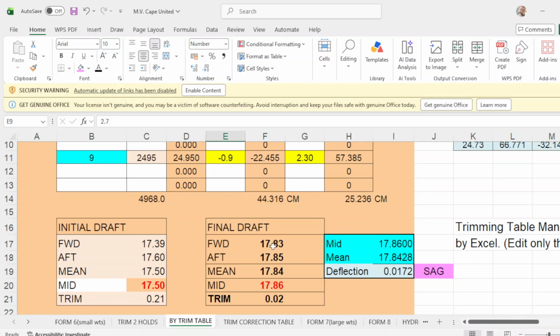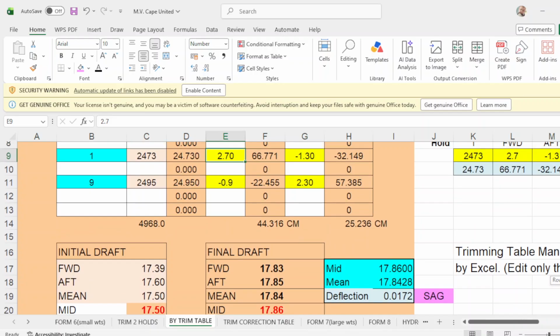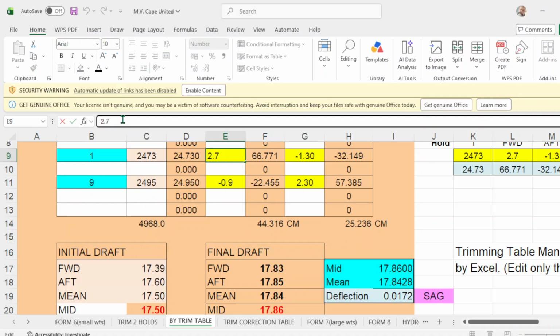So we'll adjust this one forward. You have a trim by the stern of 2 centimeters. So we adjust this one, 83. You make this 85, 2.5. What happens? Take note of number 1.